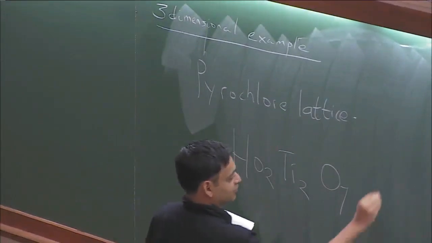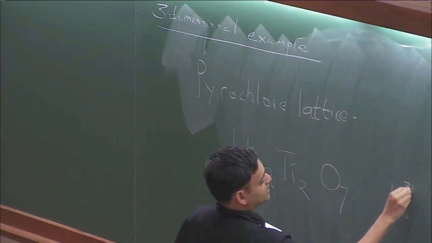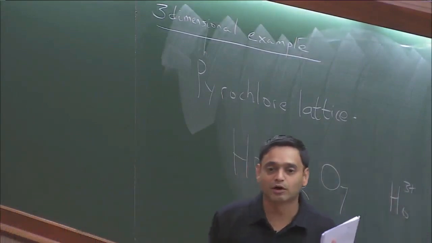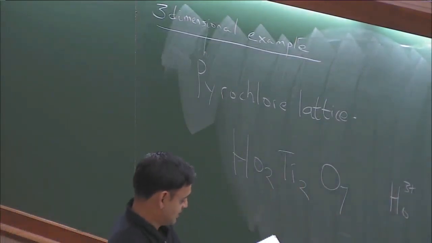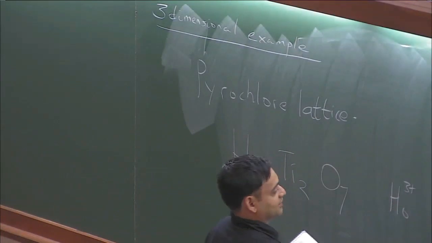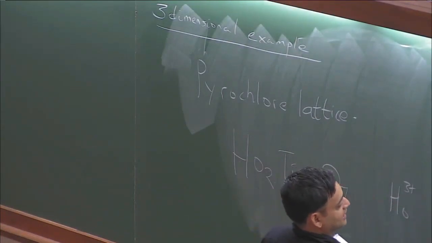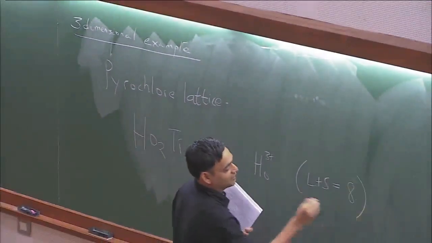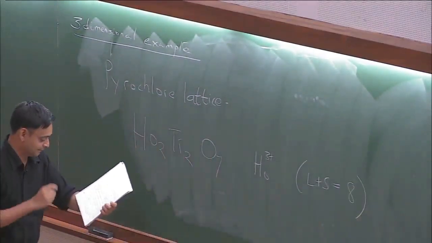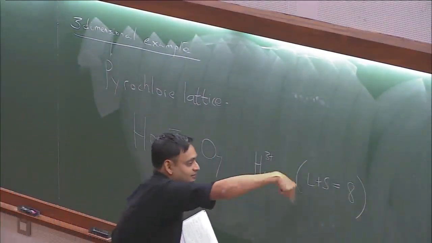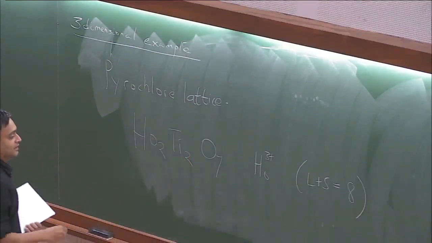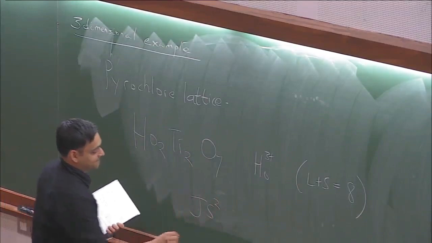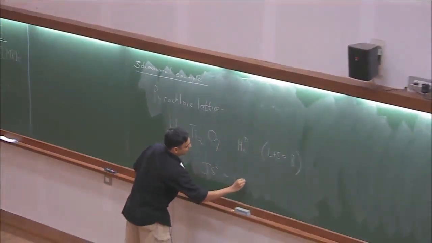So here you have holmium 3+, which is a rare earth and subject to the kinds of strong spin orbit effects that Subro was talking about last time. And this has a L plus S, the total J, which is our effective spin, very large, 8 in this case. That's your S effective. And here the exchange energy scale is only 1 or 2 Kelvin.